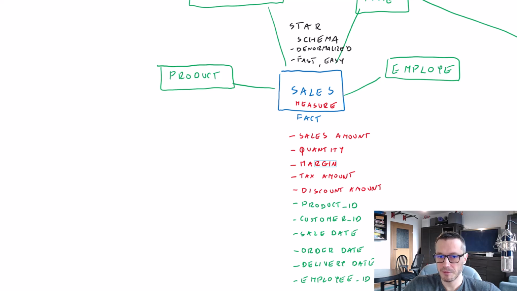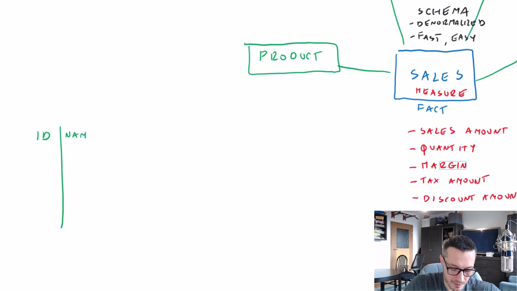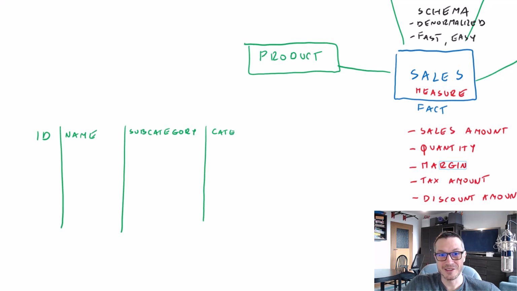So what we would probably have would be something like ID, then maybe product name, then maybe product subcategory, and maybe a product category. Of course, it depends on the business for which we are modeling our solution, like so.